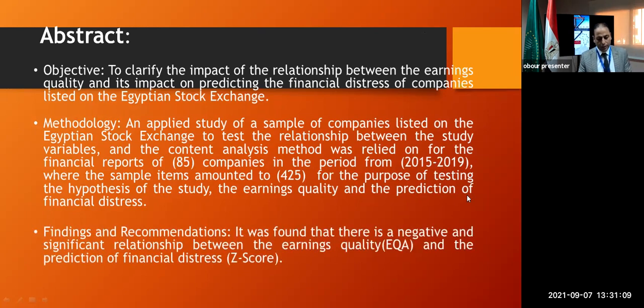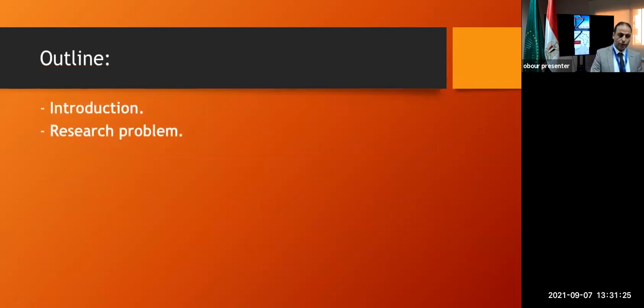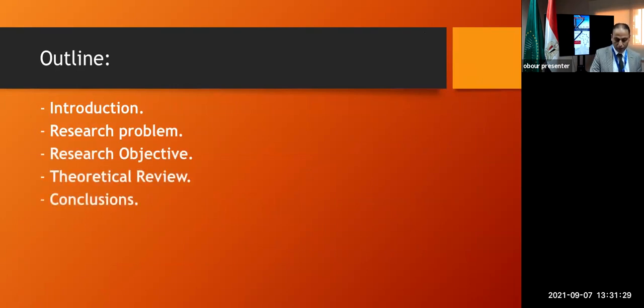Recommendation: it was found that there is a negative and significant relationship between the earning quality and the prediction of financial distress. Z-score. Outline: introduction, research problem, research objective, theoretical review, conclusions.